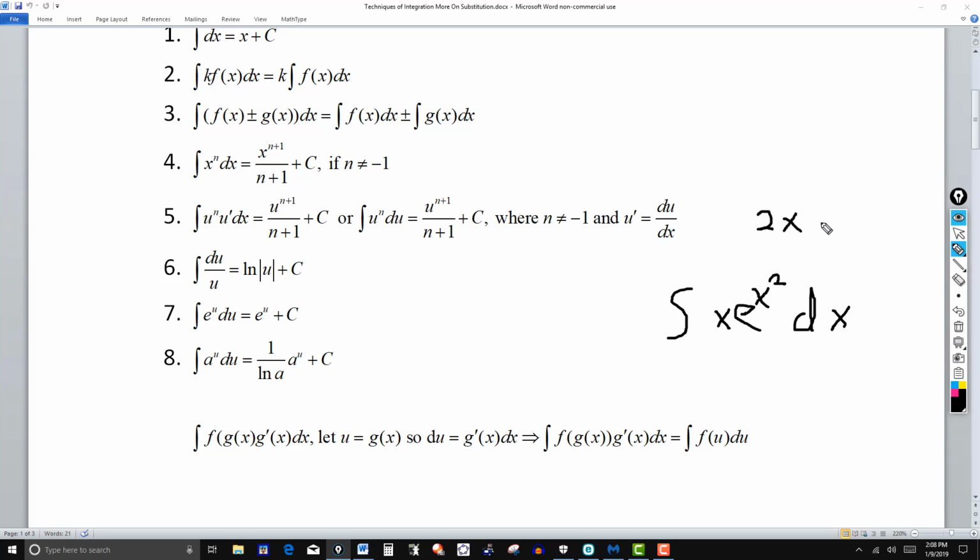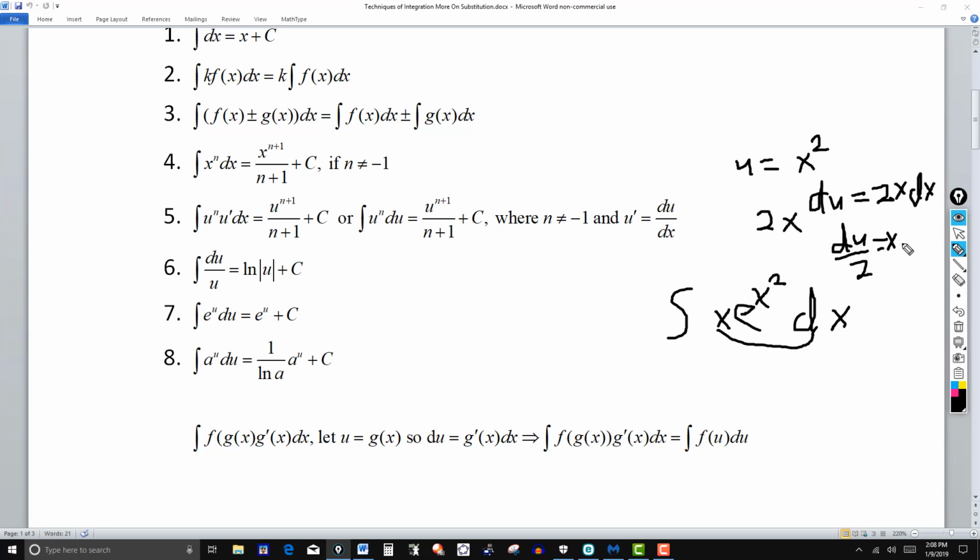So in this case, I would let u equal x squared. So du would be 2x dx. So this x dx can be replaced by du over 2.